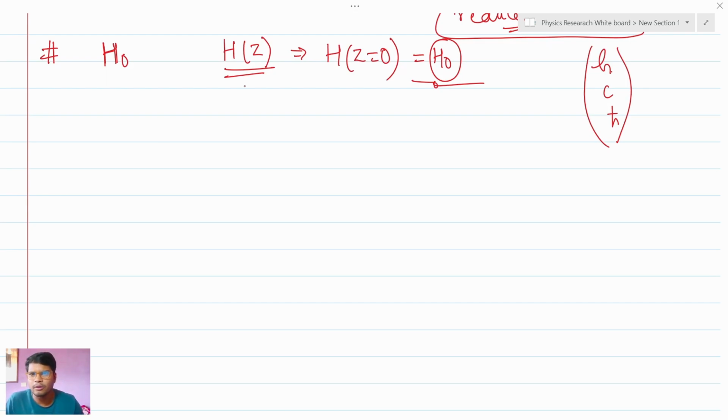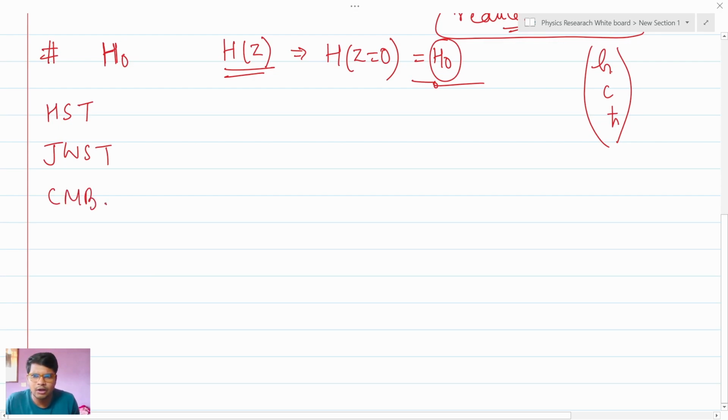So now the problem is that there are various things from which we are getting the light. So we had the Hubble Space Telescope, and now we have JWST, the James Webb Telescope, right? So again, we have the CMB, the cosmic microwave background radiation, right? And similarly, we have different sources. We have galaxies.